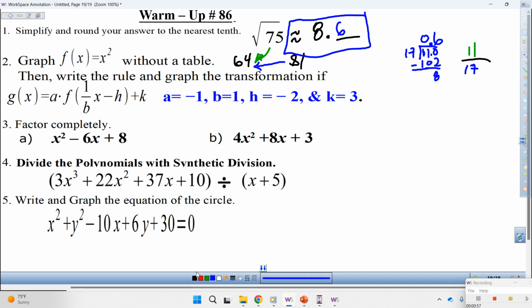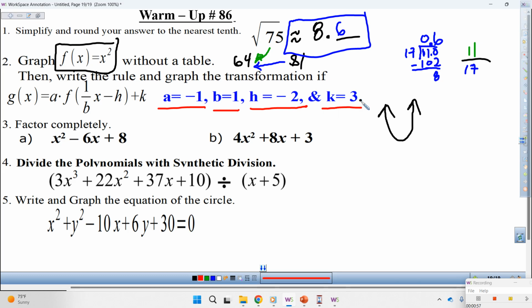Number 2, graph without a table. f of x equals x squared looks like this. However, they give us transformations. A negative 1, B 1, H negative 2, and K 3. So, what does this A negative 1 do to the whole thing, Joseph?